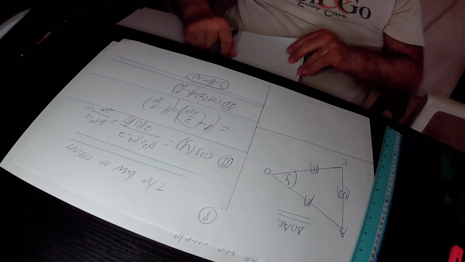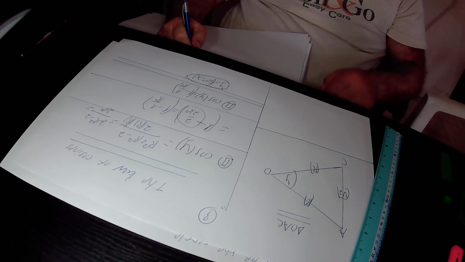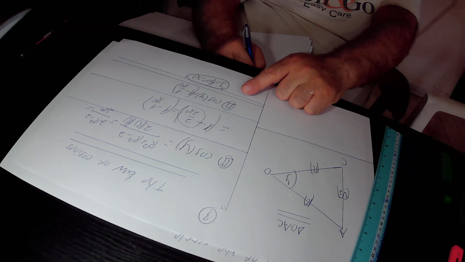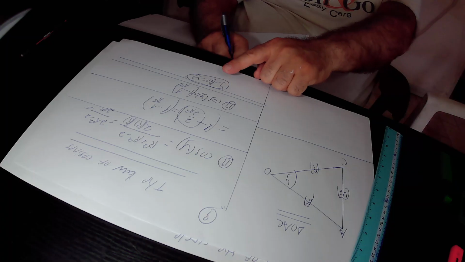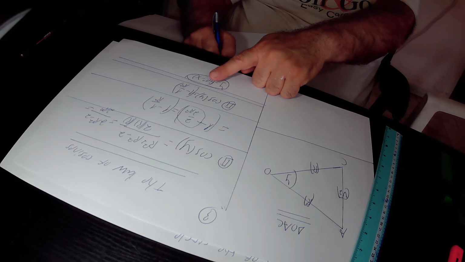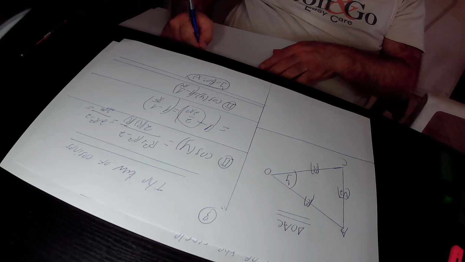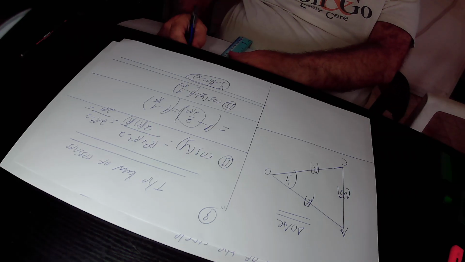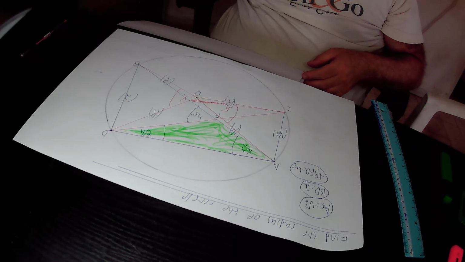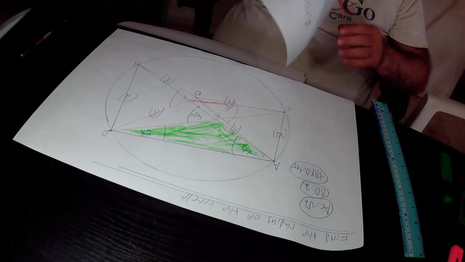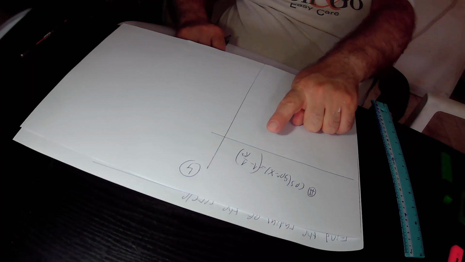So we do it now, and we get that according to equation 2, cosine y, and y is 90 degrees minus x, equals 1 minus 1 over R squared. So cosine of 90 degrees minus x equals 1 minus 1 over R squared.